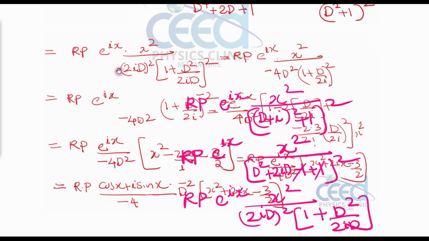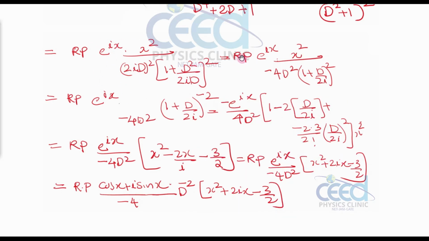Now let us proceed from this step. That is the real part of e raised to ix into x square divided by this 2id square, that is 4 minus 4d square, because i square is equal to minus 1, so minus 4d square, and here d square and d cancel, so d by 2i the whole square.